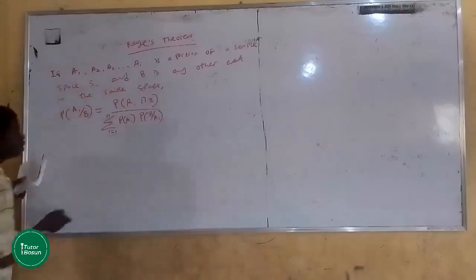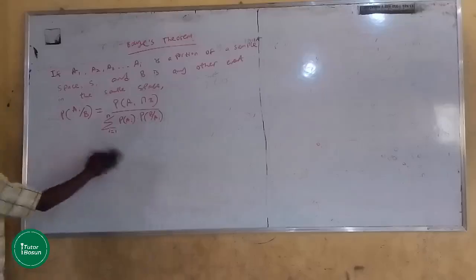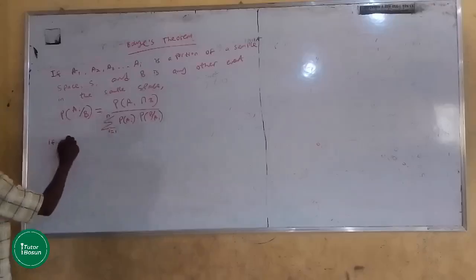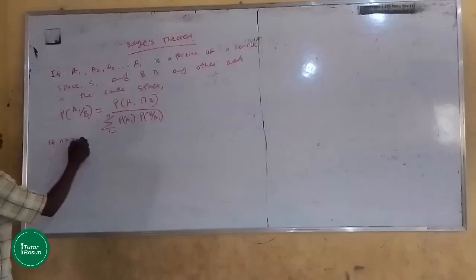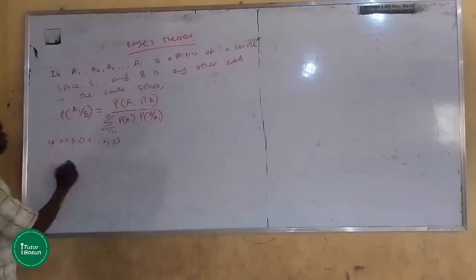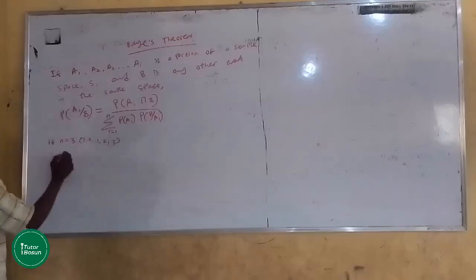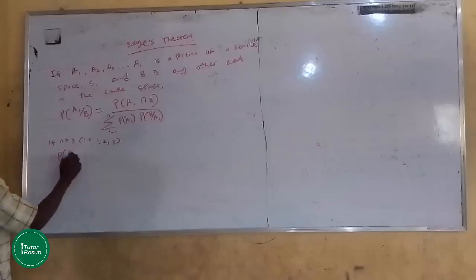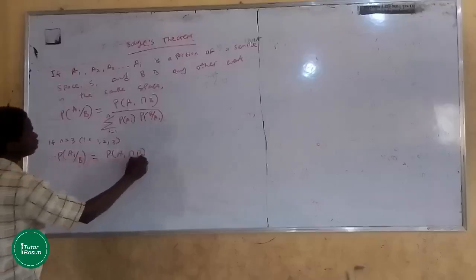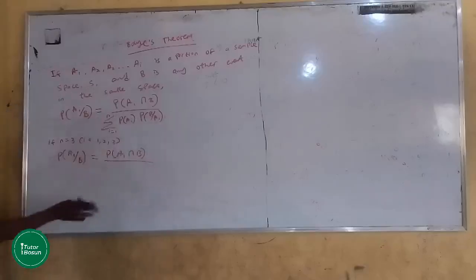So let's say n is 3, that is 1, 2, 3. So automatically our probability of A1 given B will be equal to the probability of A1 intersection B over the total probability.